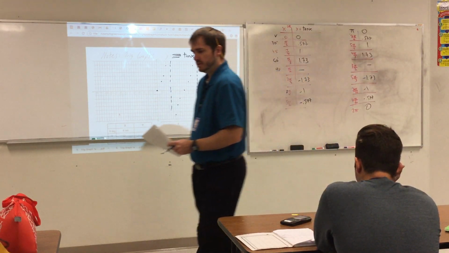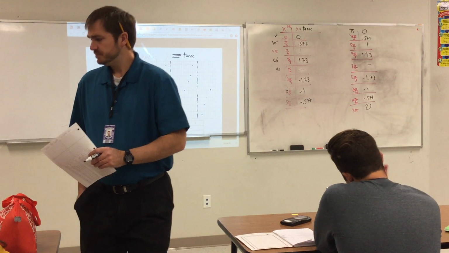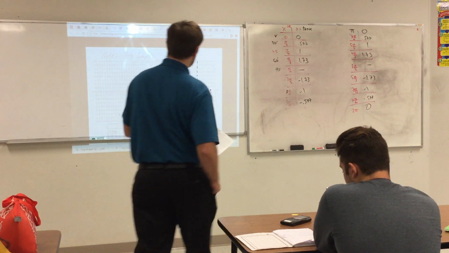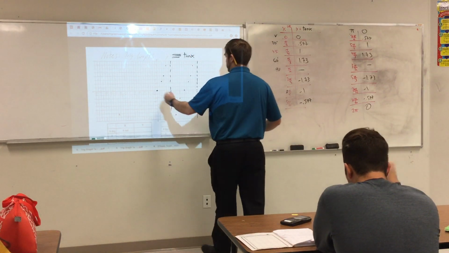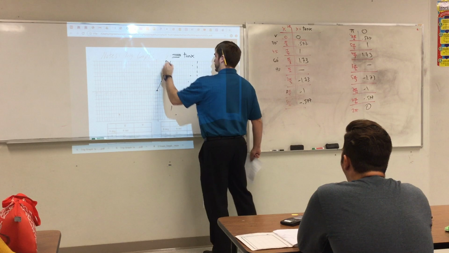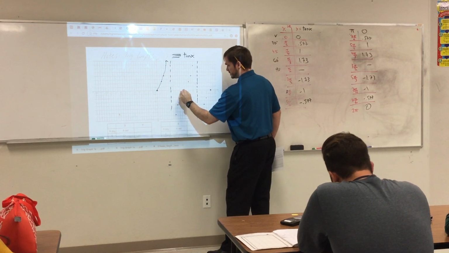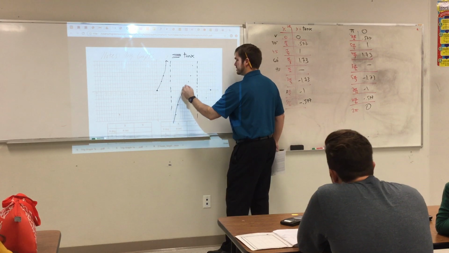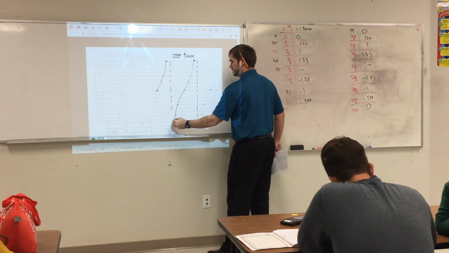Good. Alright, so next we're going to connect these with a smooth curve. This one's kind of funky, kind of comes there and then kind of goes up like this.